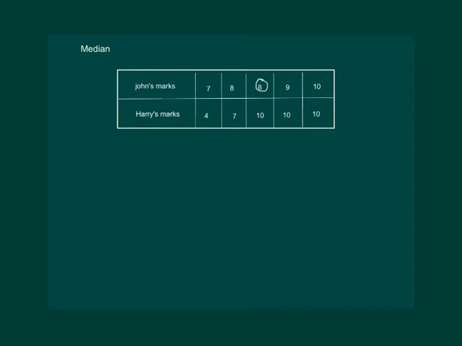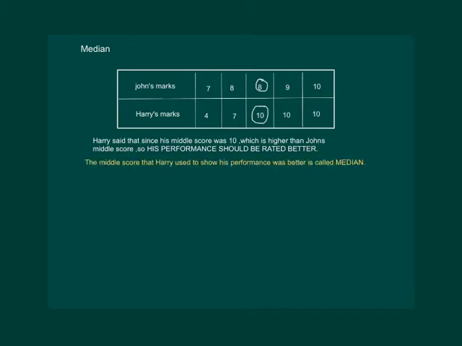For Harry, the middle score is 10. On the basis of middle score, Harry said that since his middle score was 10, which is bigger than John's middle score of 8, his performance should be rated better. The middle score that Harry used to show his performance was better is called median.